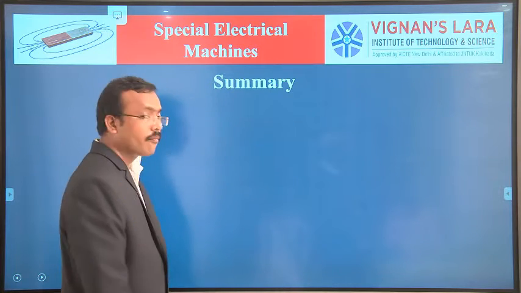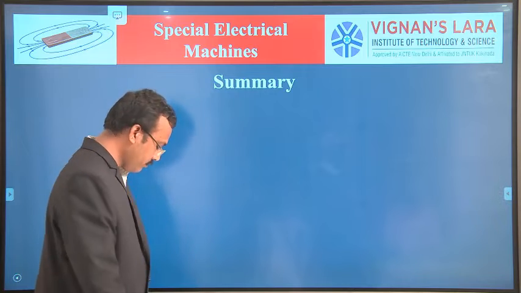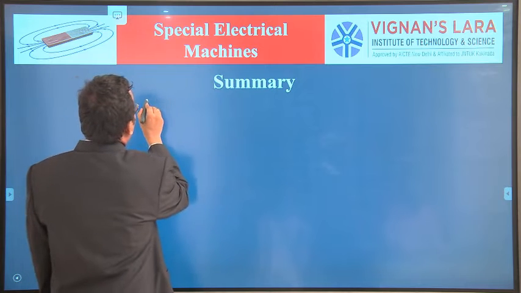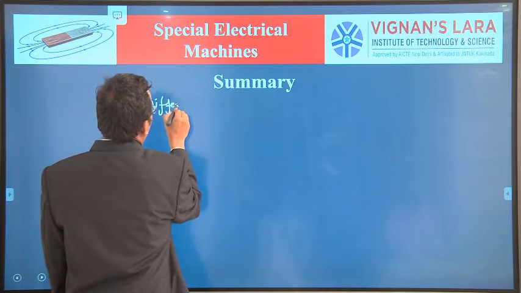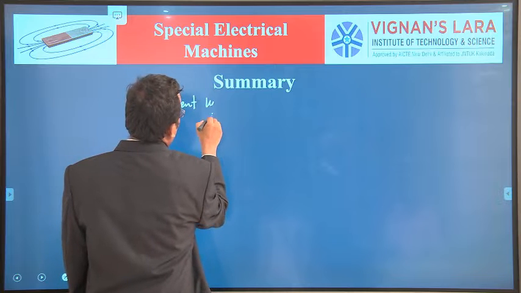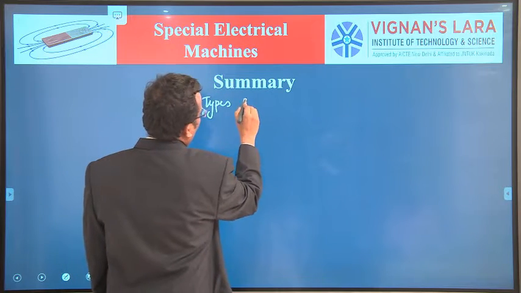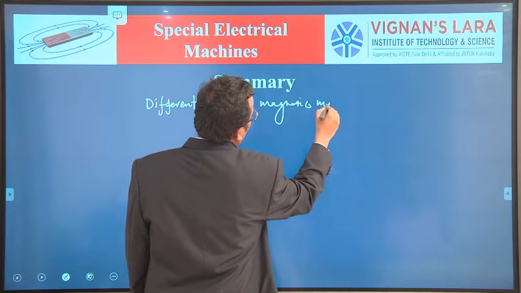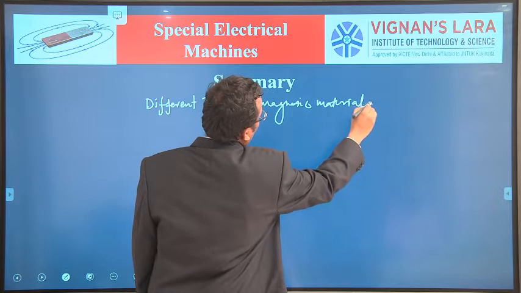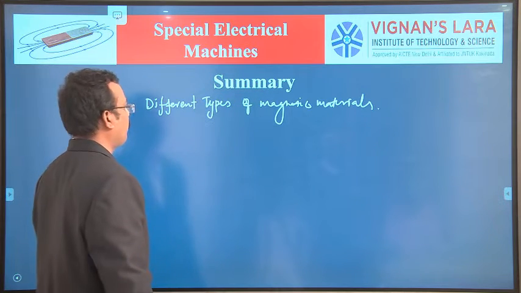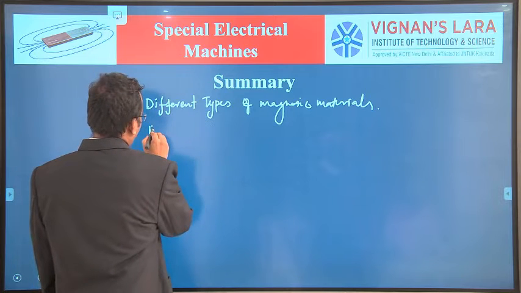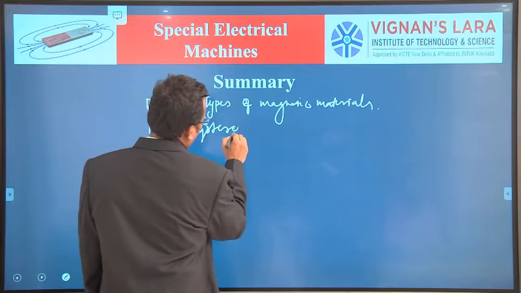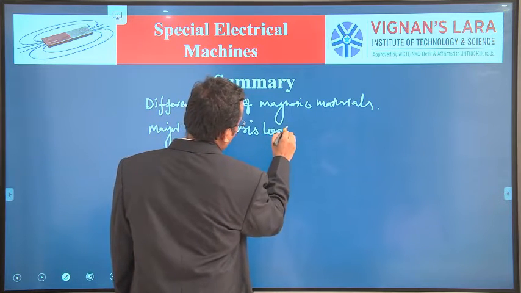Next, the summary. Now we will discuss the summary of today's class. First, we discussed the different types of magnetic materials. Second, we discussed the major hysteresis loop.